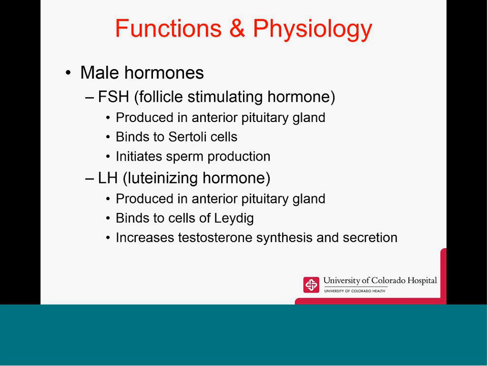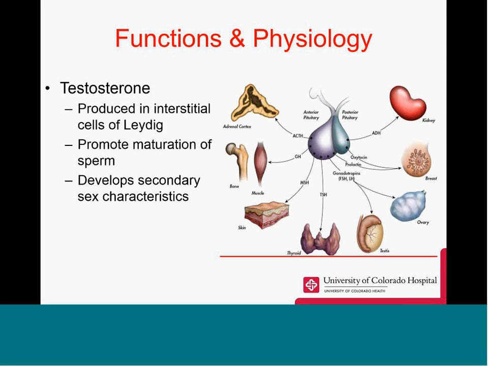The LH binds to the Leydig cells in the testes and causes cells to increase their rate of testosterone synthesis and secretion. Testosterone has a major influence on many tissues in the body. It plays an essential role in the embryonic development of reproductive structures and in the development of secondary sex characteristics during puberty.